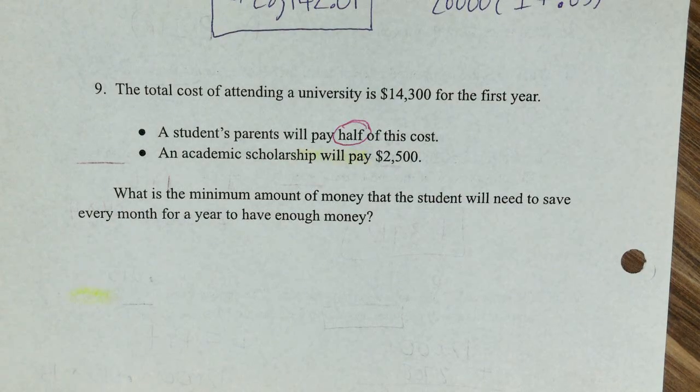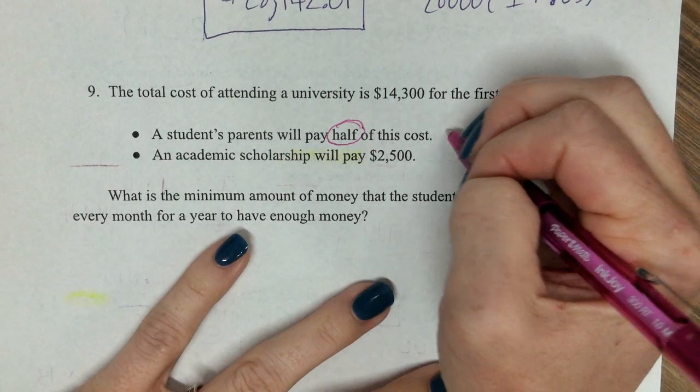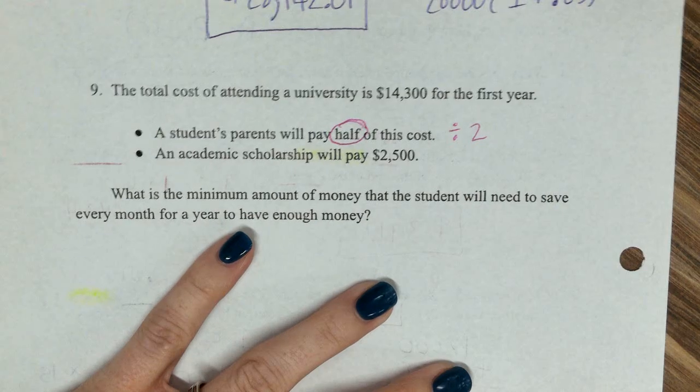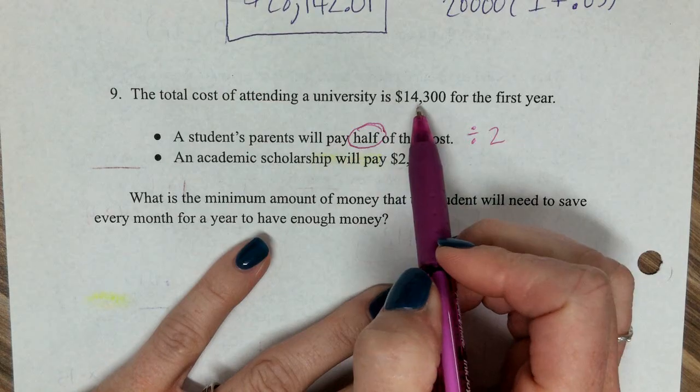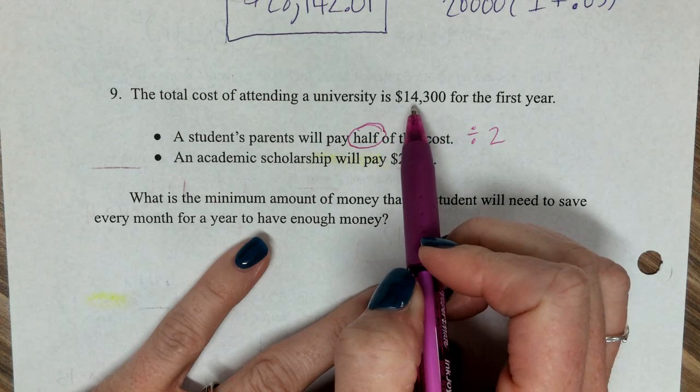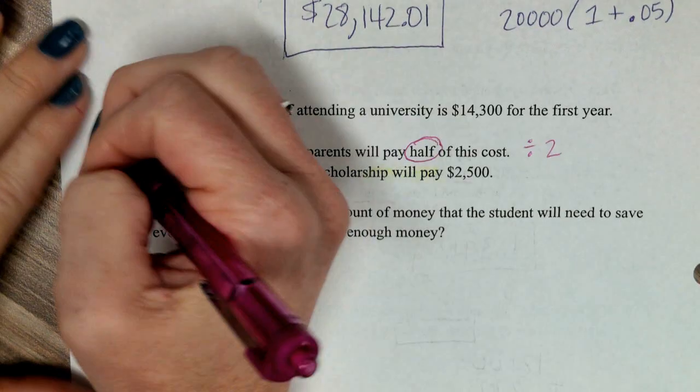50%. There's many ways you could do this. Do y'all agree? Doesn't half mean divide by 2? Or you could multiply by a half, or you could change it to a percent and do 0.5. It doesn't matter how you do it. Do y'all understand? If you want to, half means divide by 2. Okay, so how much does she need? $14,300.